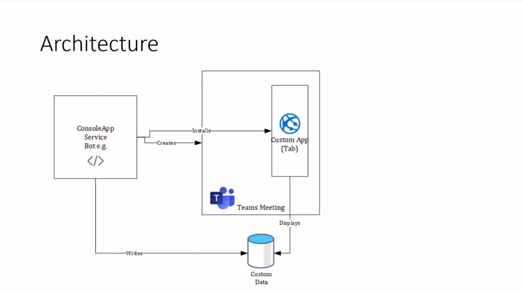And third, it writes the custom data, depending on the triggering thing, whatever happened before. And last but not least, the custom app is able to display that custom data. That's all I showed you and is relevant for this small but effective sample.